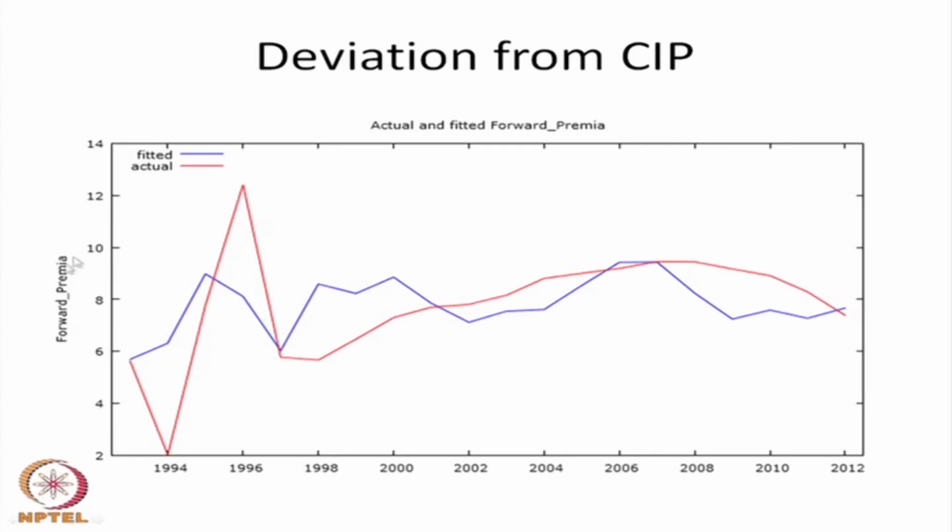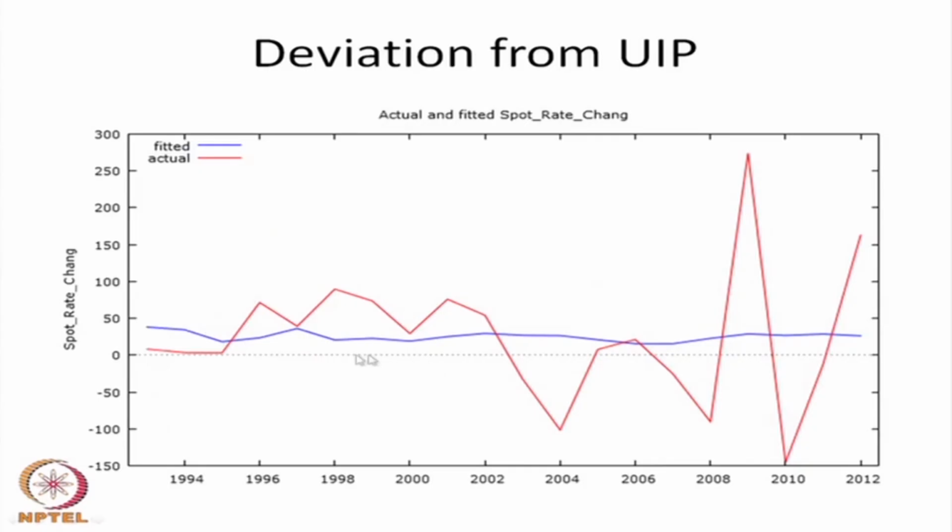Covered interest parity is not holding for India, but the discrepancy of covered interest parity is declining. This means the Indian rupee is moving toward interest rate parity. However, for uncovered interest parity, the spot exchange rate change is not reflected by the change in the forward rate or interest rate differential.